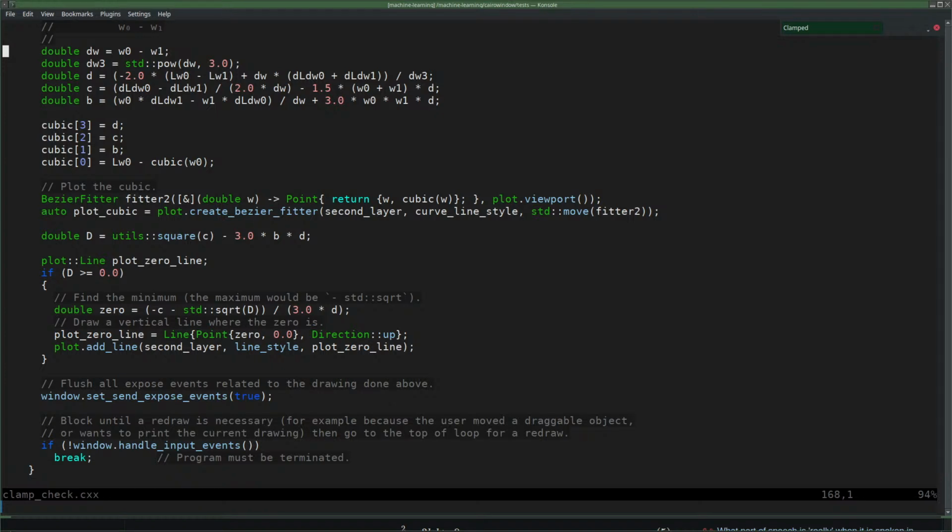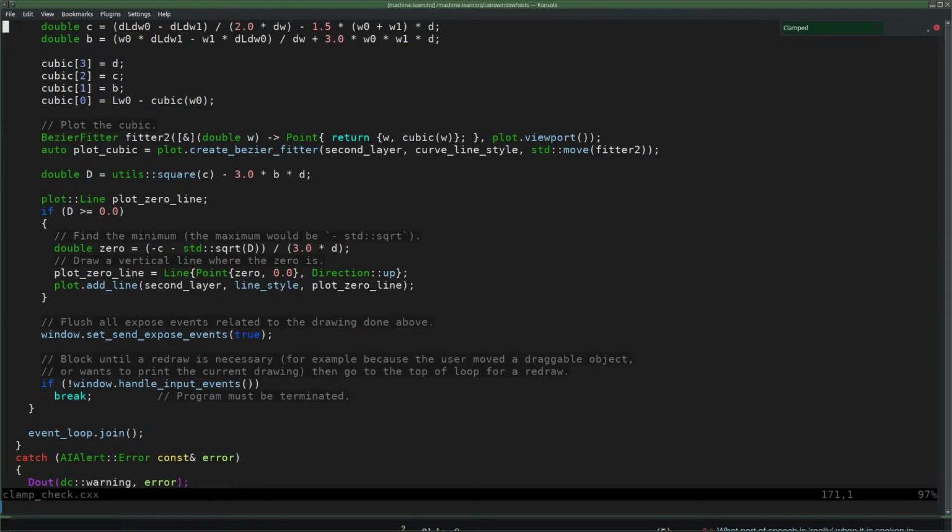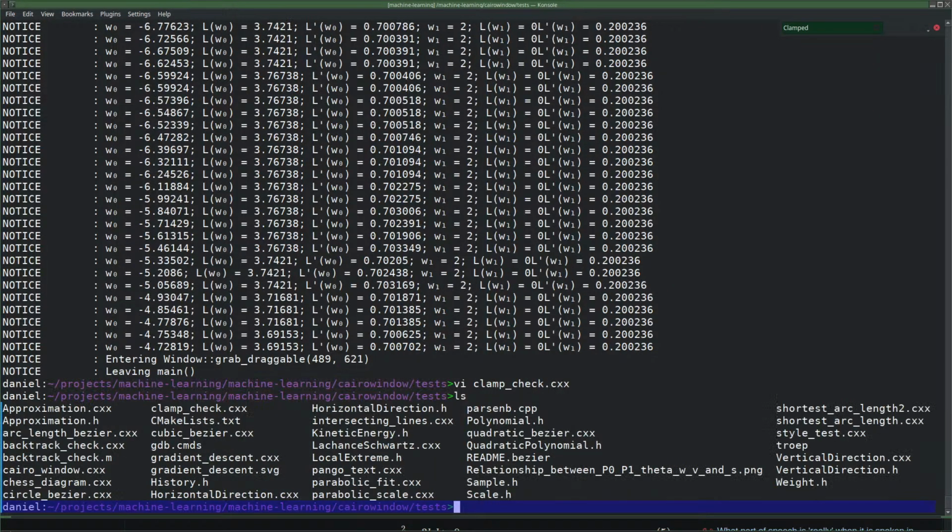Quite a lot of calculations, but well. Gradient descent.